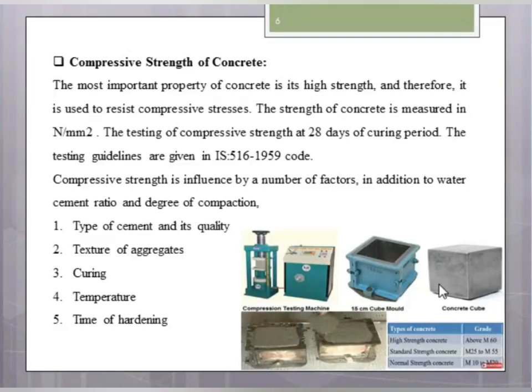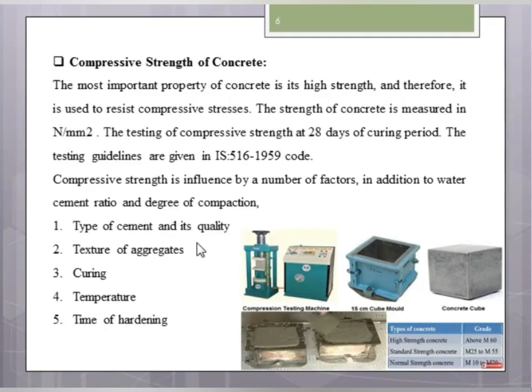We studied that fly ash is a less reactive material; though it is pozzolanic, it is less reactive. So such concrete gets a different strength than concrete where only ordinary Portland cement is used. So the type and quality of cement affect the complete strength of the concrete. Then the texture of aggregate.